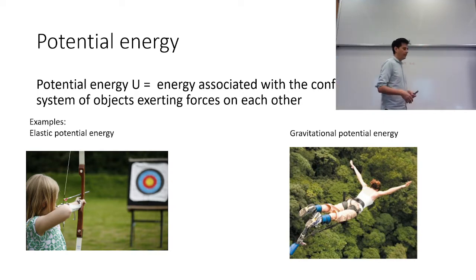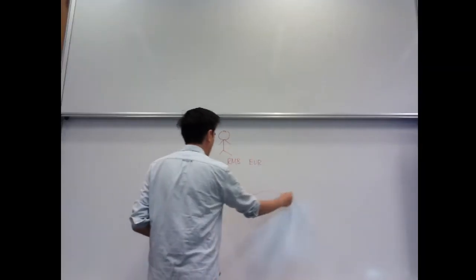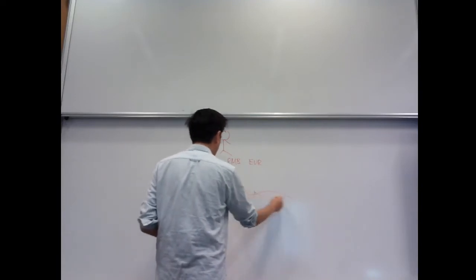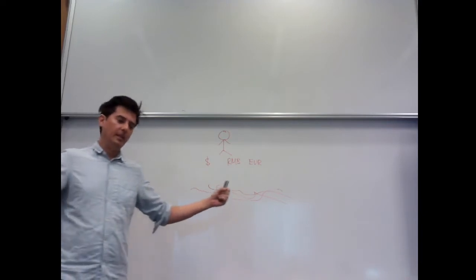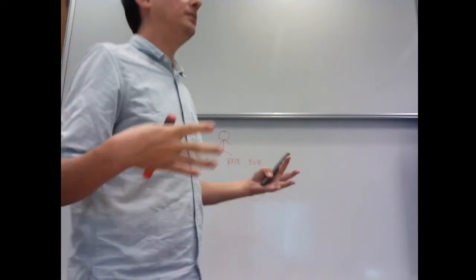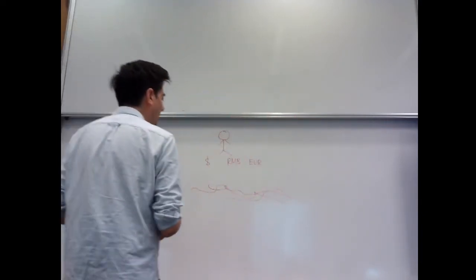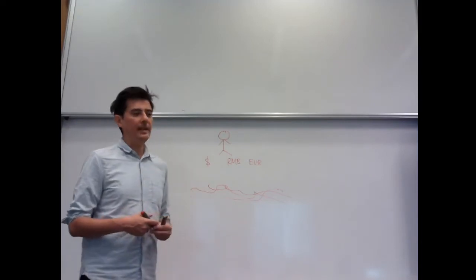For example, I think rubber is made of long polymers, all intertwined together, and when you stretch it, it tends to want to come back to its original configuration.